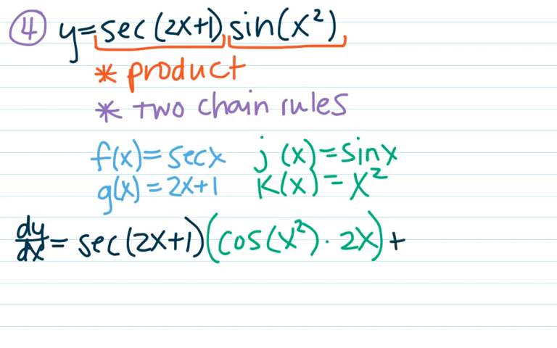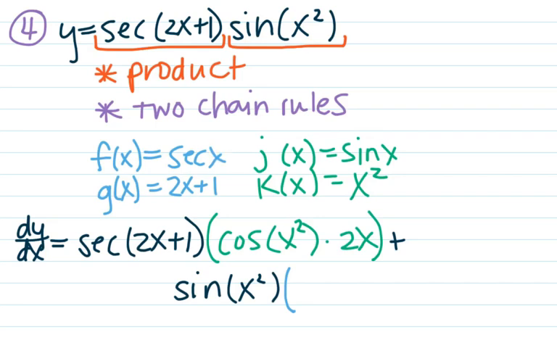Now we need a plus, and we need a last d first. And I'm actually going to drop down to the line below because I just am not going to be able to fit it right there. But in theory, this all goes on one line. So last d first. So sine x squared, and then times the derivative of secant, which is the outside. If you remember, the derivative of secant x is secant x tangent x.